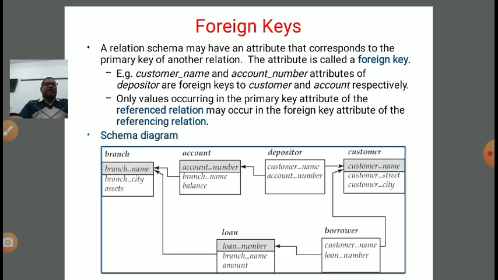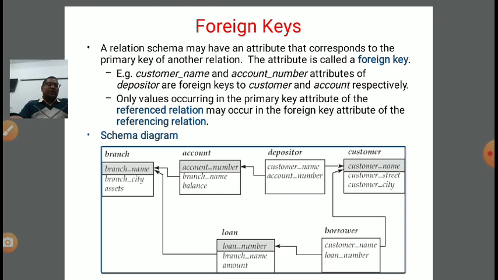So there are six tables in this database: branch, account, depositor, customer, borrower and loan. Branch is a standalone table with three attributes, and branch name is the primary key. Account is a standalone table, account number is the primary key. Customer is a standalone table, customer name is the primary key.